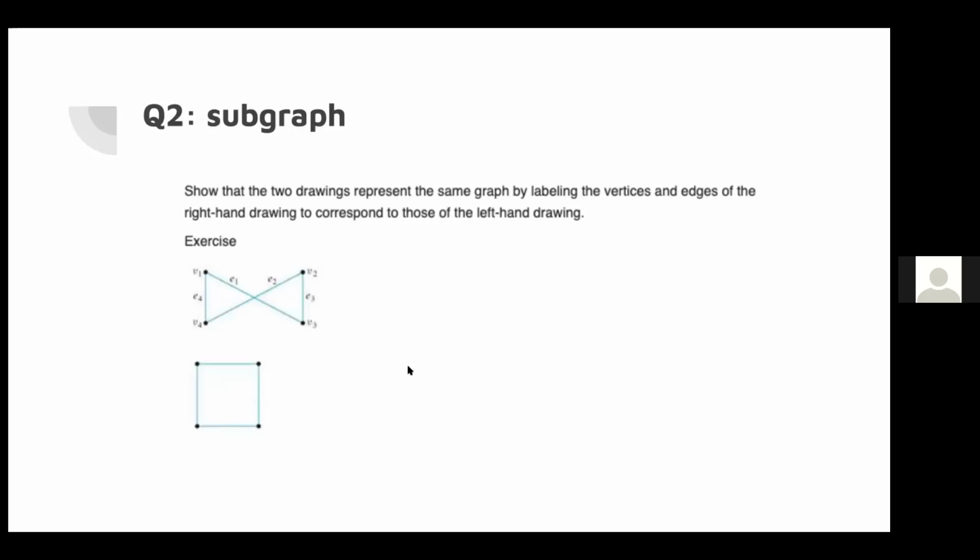So hi everyone. Now question 2. As the picture shows, the two drawings correspond to the same graph. I will show the question and the answer later.